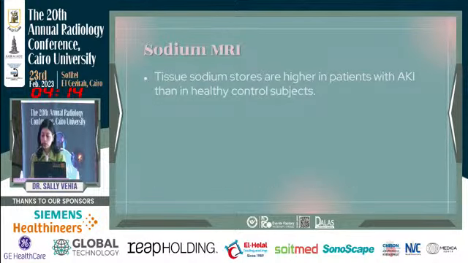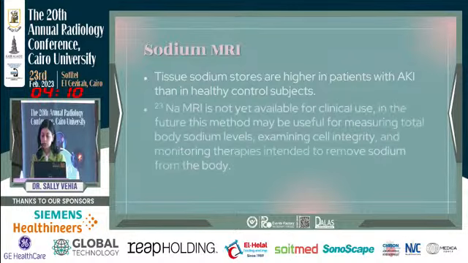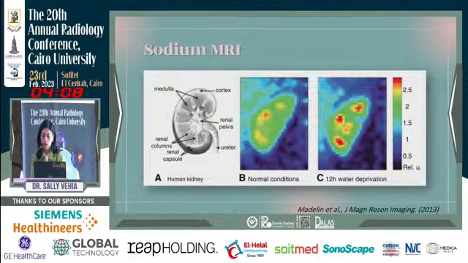Tissue sodium stores are higher in patients with acute kidney impairment than in healthy control subjects. Picture B shows a color-coded image of a human kidney under normal conditions, while picture C shows the sodium image of the same kidney after 12-hour water deprivation.